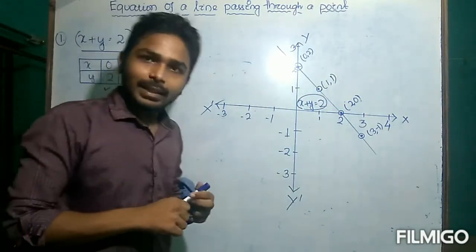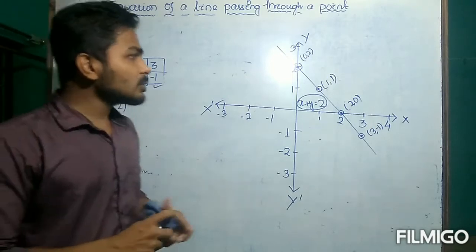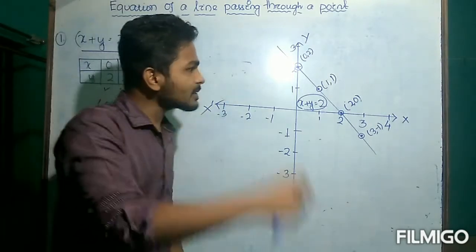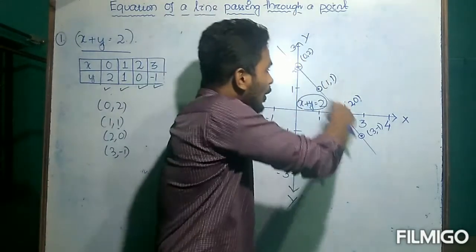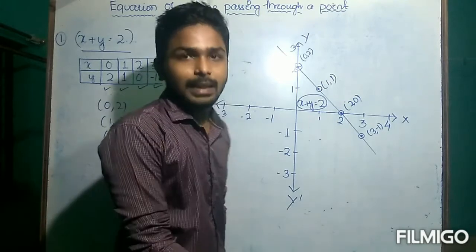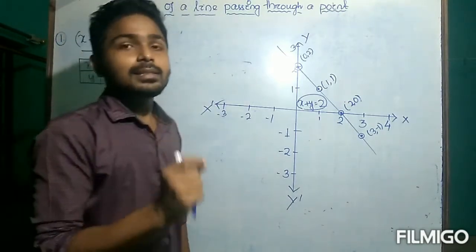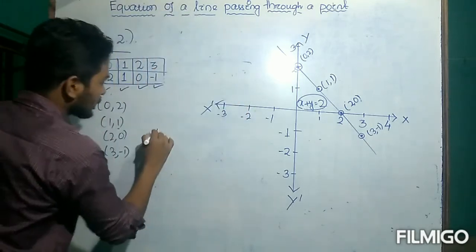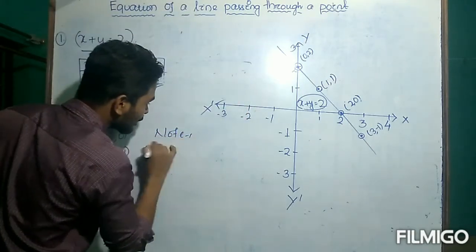We have studied it, and there we also studied two more concepts. The first concept was that if any point lies on this straight line, then this point must satisfy the equation. Okay, first write down this concept.